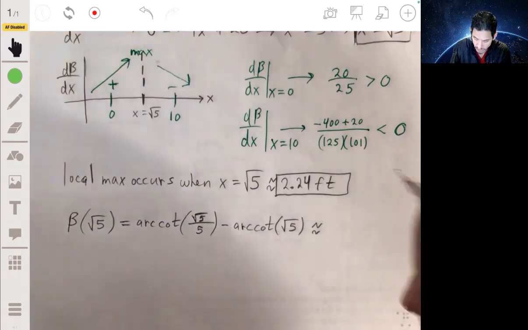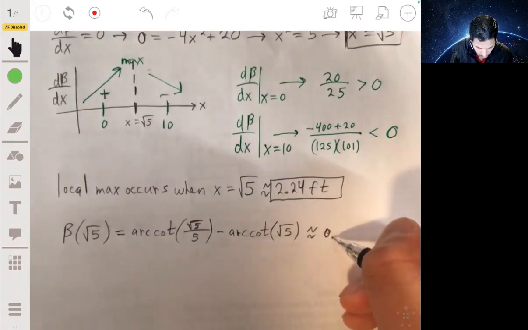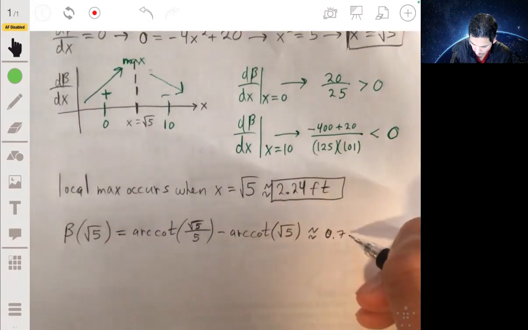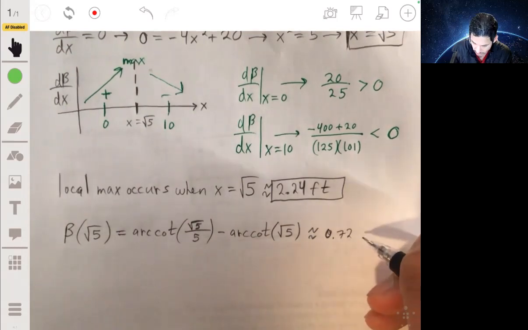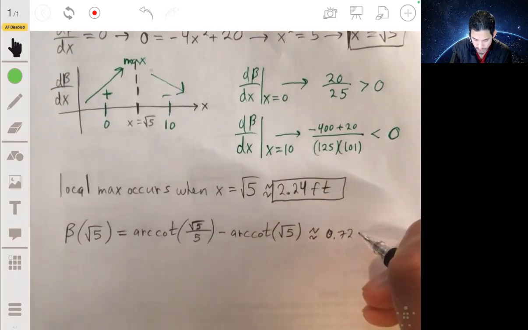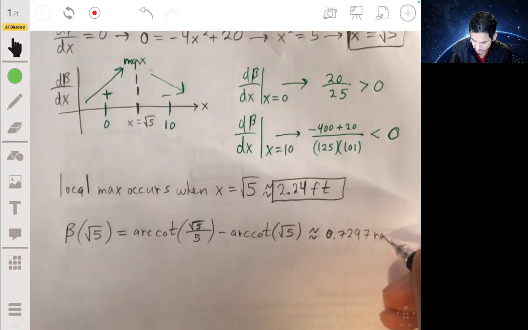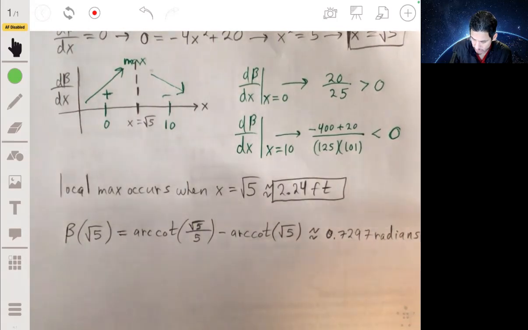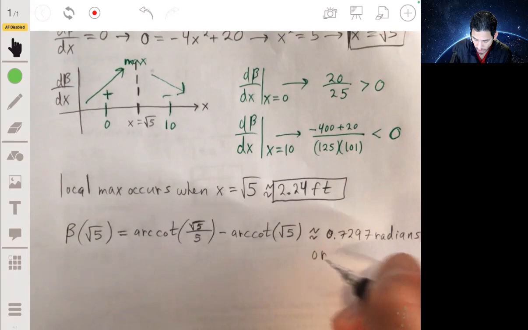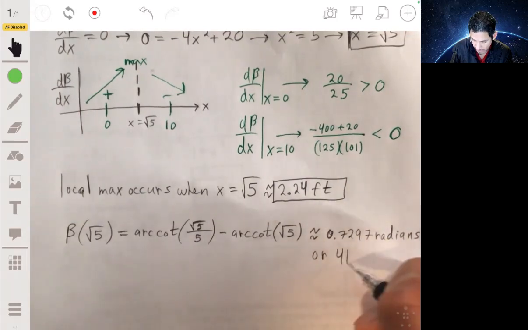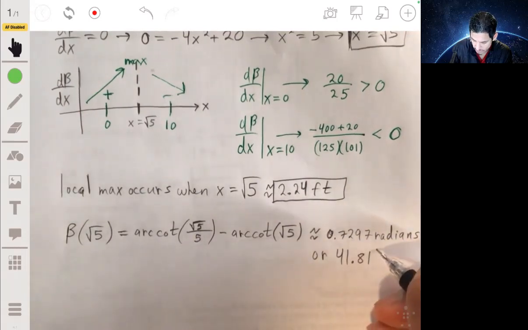And then you'll get about 0.7297 radians. Or in degrees, it'll be about 41.81 degrees.